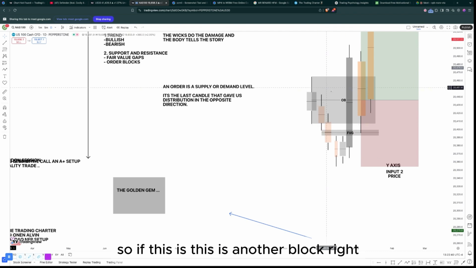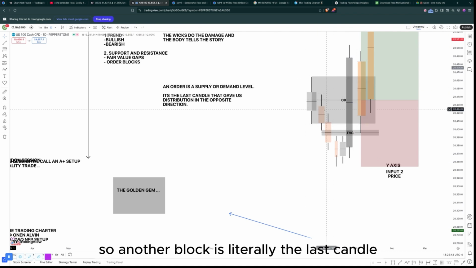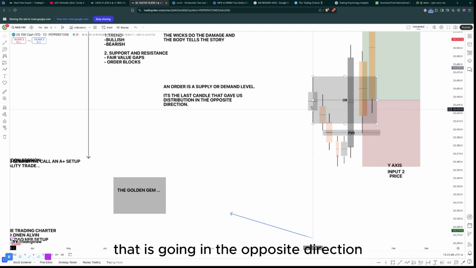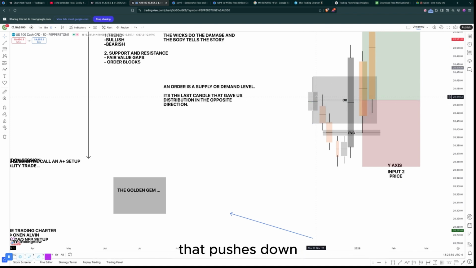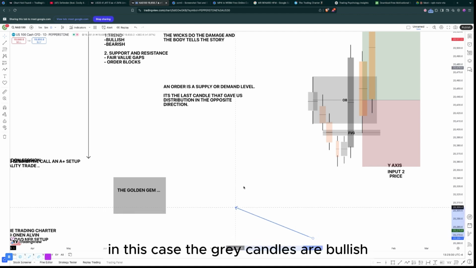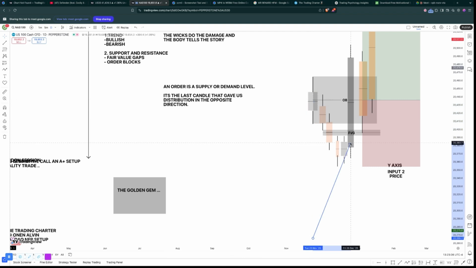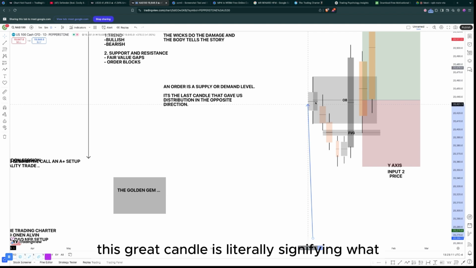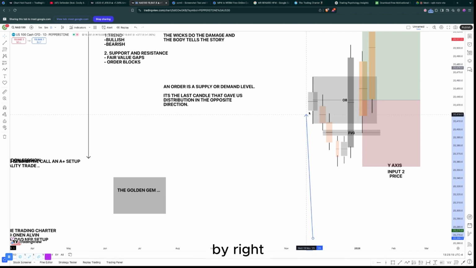So if this is an order block, right? So an order block is literally the last candle that is going in the opposite direction that pushes down price. For example, this candle here is a bullish candle, right? In this case, the gray candles are bullish, or they are going up, while the orange candles are going down, right? So this gray candle is literally signifying what? Buying, right?